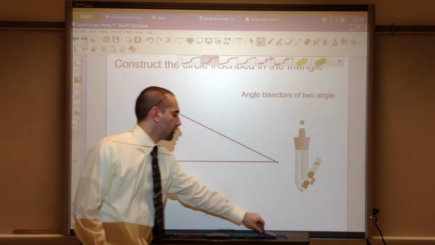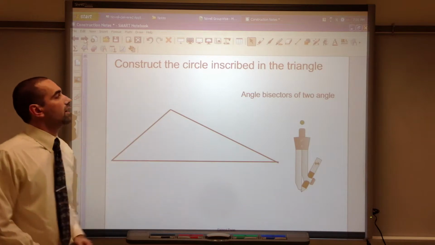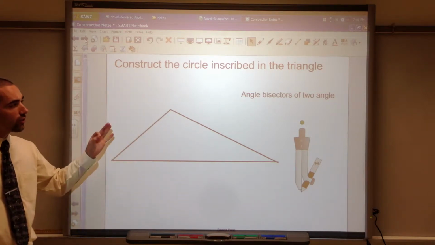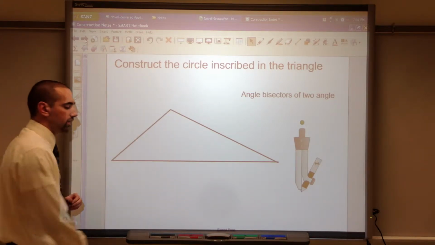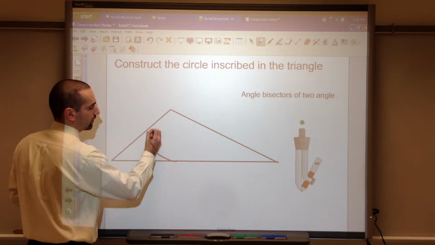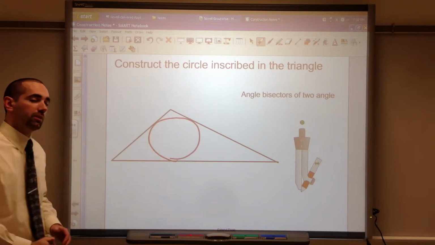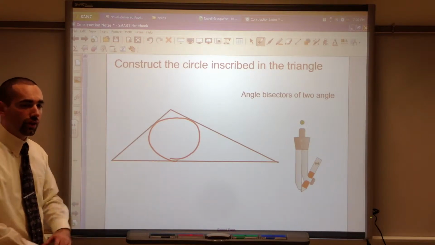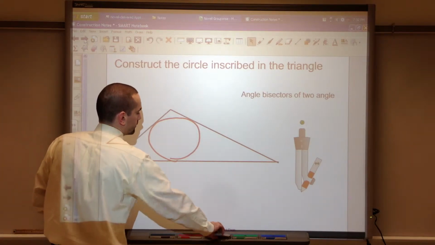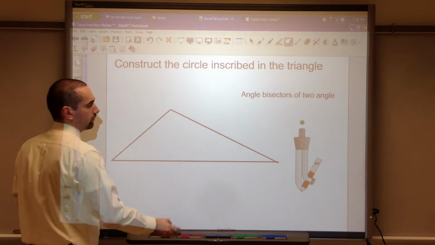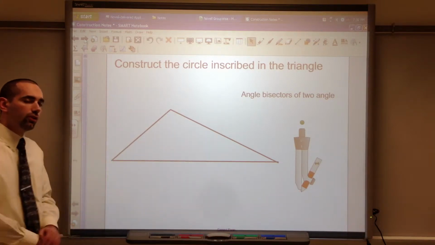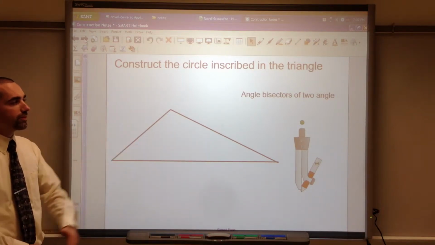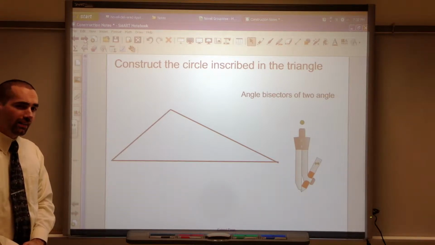Our second construction, we're going to look at how to construct a circle inscribed in a triangle. In other words, I might have something that looks like this at the end. A circle inside of a triangle. So to do this, I'm going to construct angle bisectors.